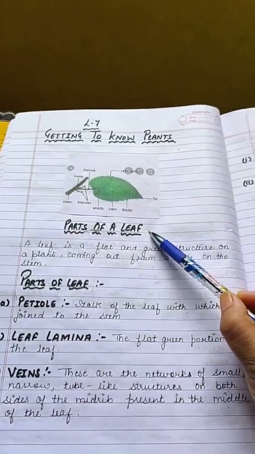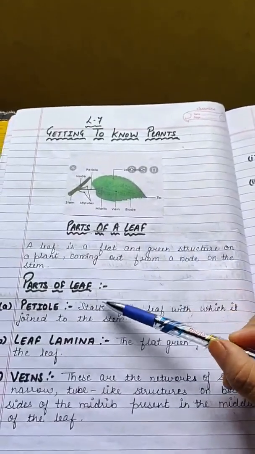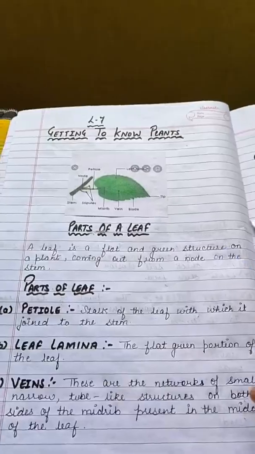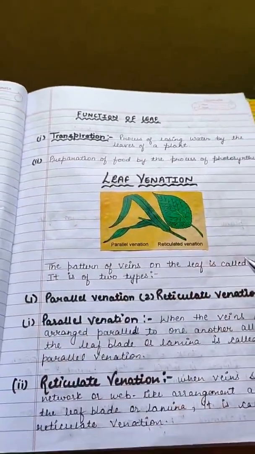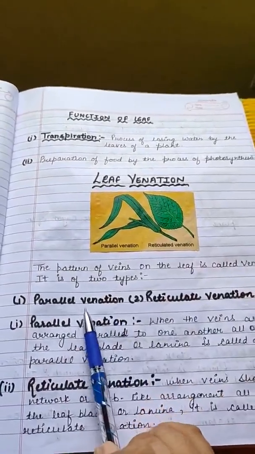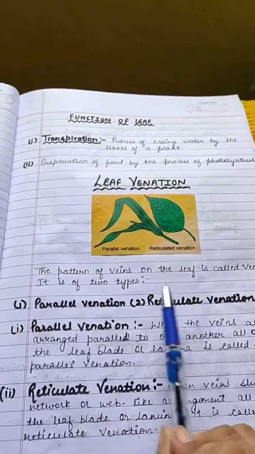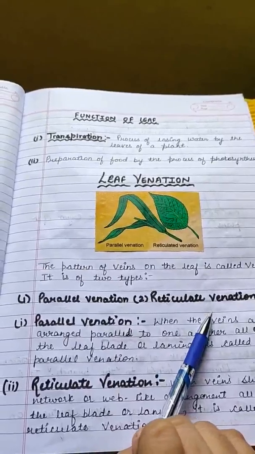parts of a leaf and what are the functions of these parts of the leaf. What are the functions of leaf? What are the two types of venation, parallel venation and reticulate venation?